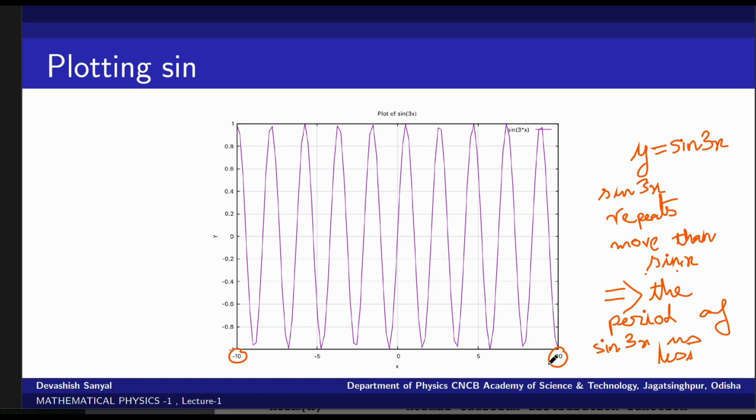So let us see. Let us consider sin 3x. If I increase x by 2 pi by 3, then I have sin 3 bracket x plus 2 pi by 3.